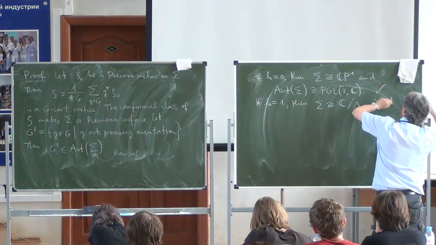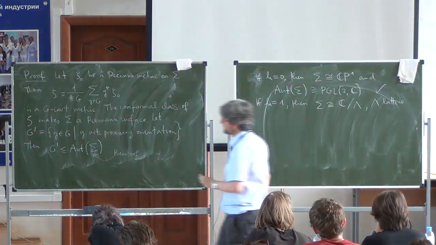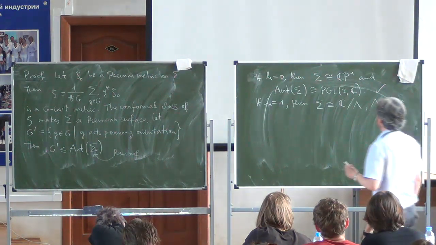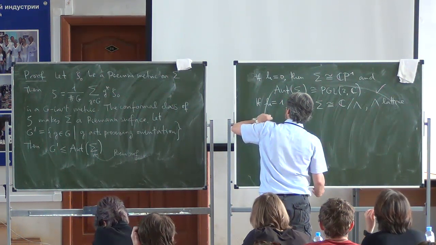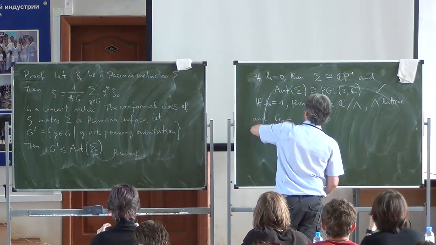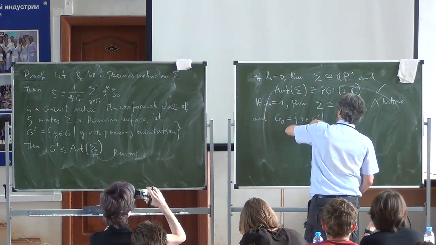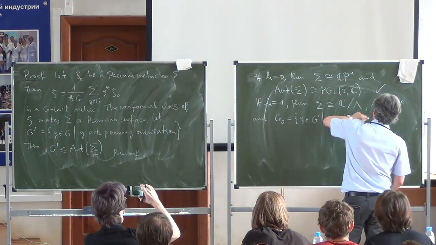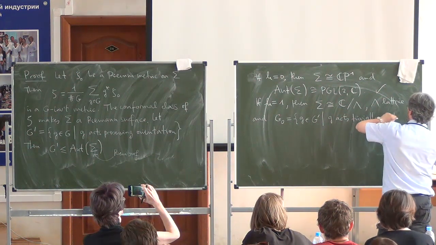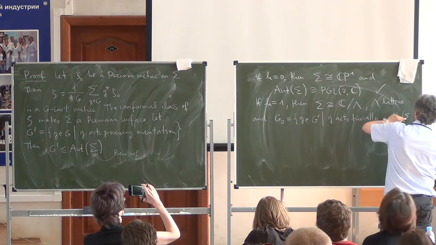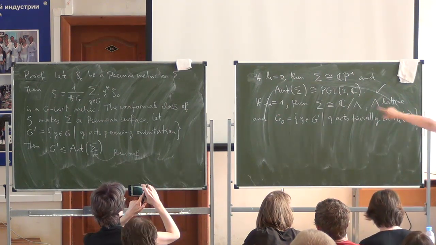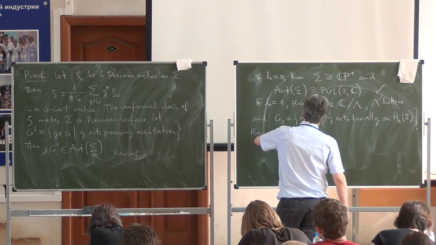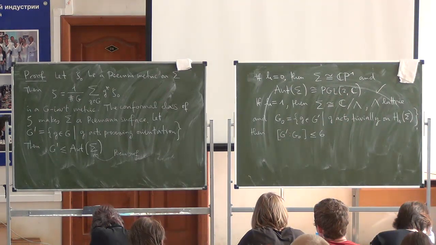Okay, and now G prime acts on sigma, which is a torus, and it turns out that if you define G0 to be the group of elements in G prime which act trivially on, say, H1 of sigma, which can naturally be identified with lambda, then this has index at most 6.